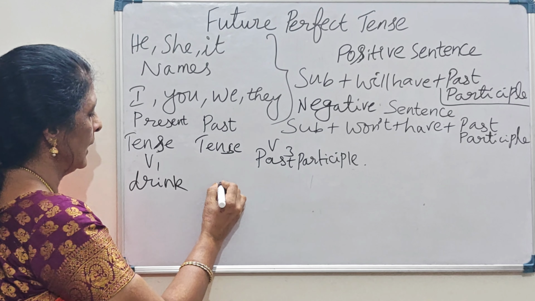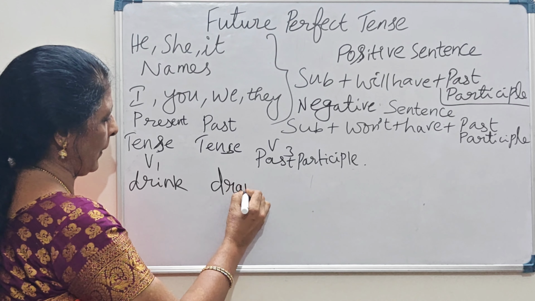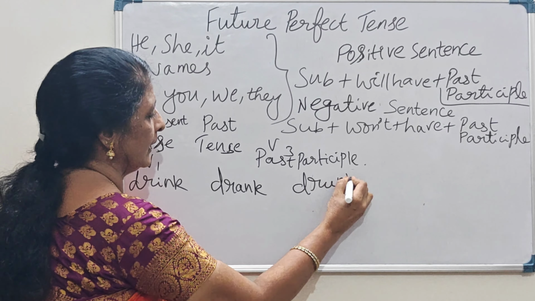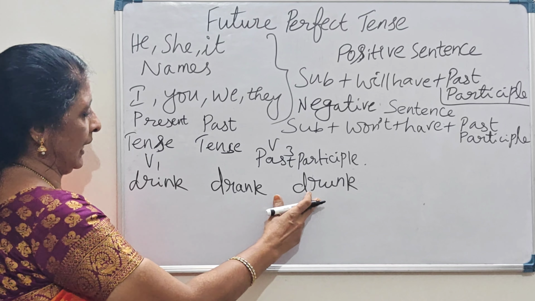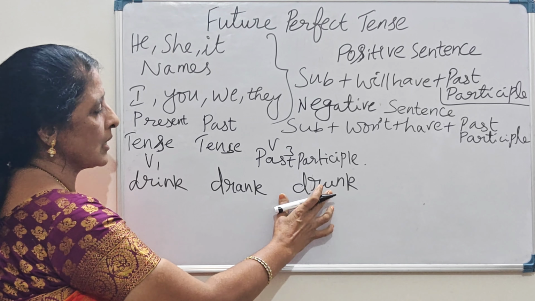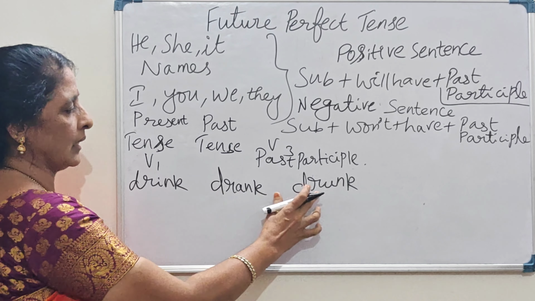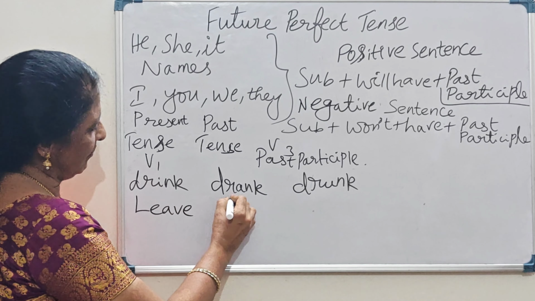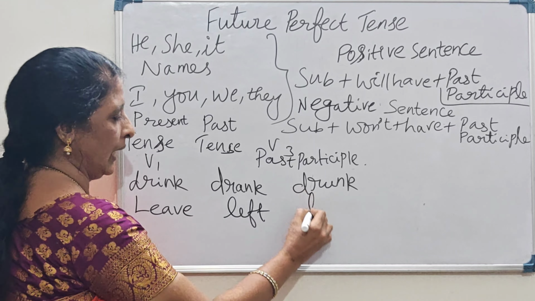Drink, drank, drunk. Present tense, past tense, past participle. Okay. Leave, left, left.